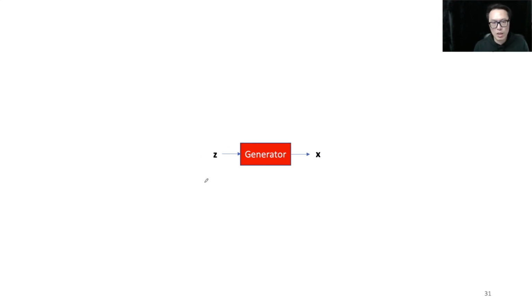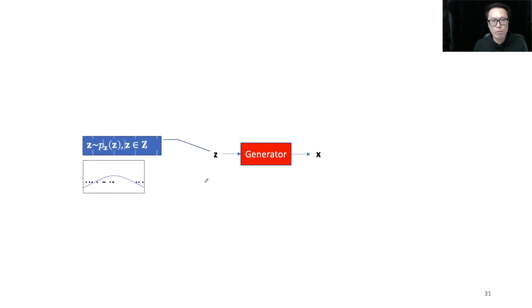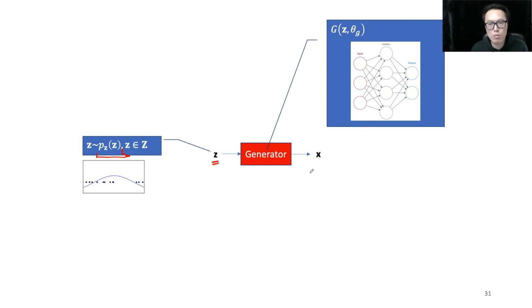Okay, now we have a better picture about the notation as well as the GAN structure, and I'm going to summarize what we have done before. For the generator, the input Z is from a distribution, maybe a Gaussian distribution. This is random noise. We draw Z from this distribution, P_Z, and that is the latent. This latent gives you an output X using the generator mathematical model, G(Z, theta G).